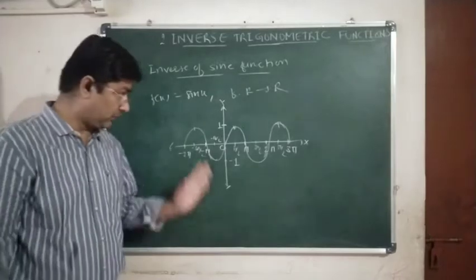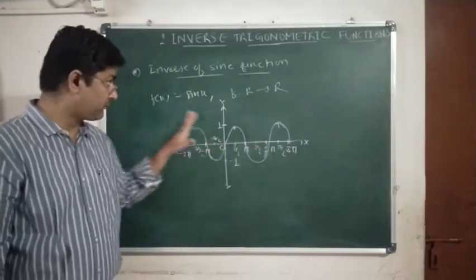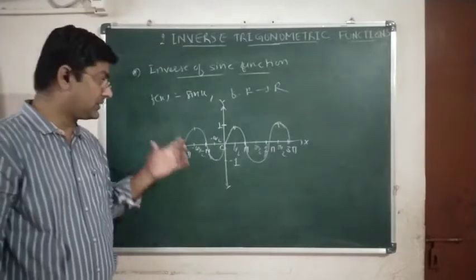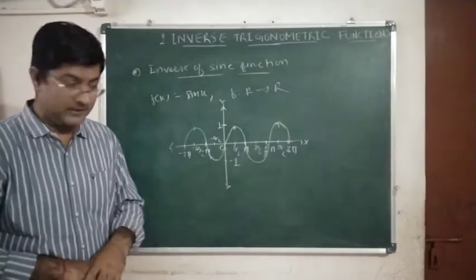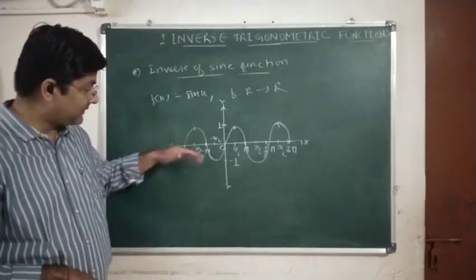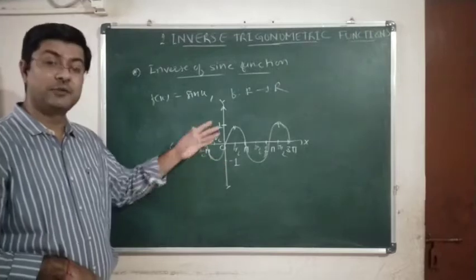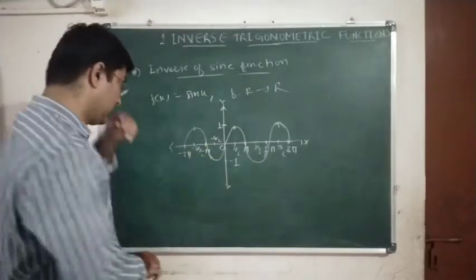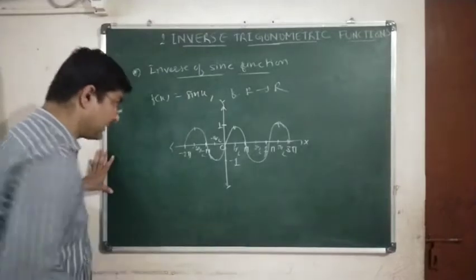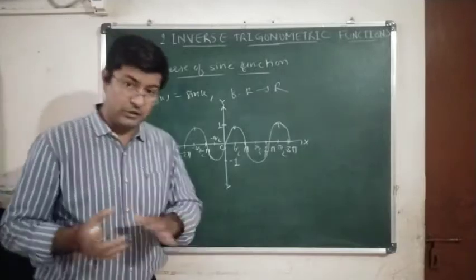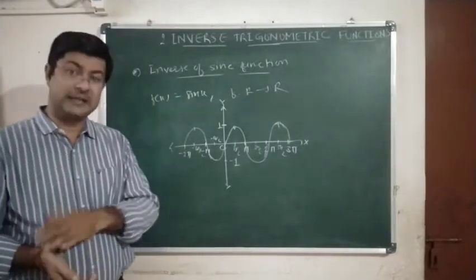So for many values of x, you are getting one value of f of x. So this is a many one function. Further, we notice that the range of the sine function is from minus 1 to 1 only. So the sine function is many one into. Clear? Since the sine function is many one into, we cannot take its inverse.